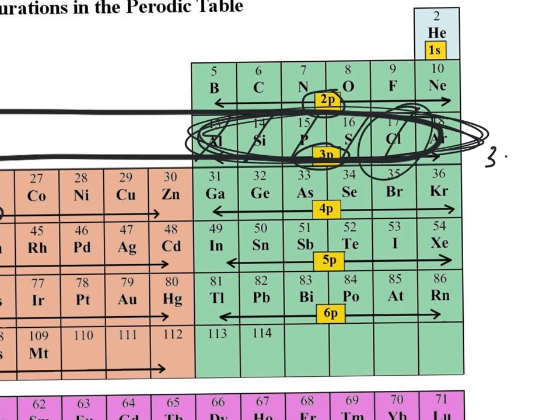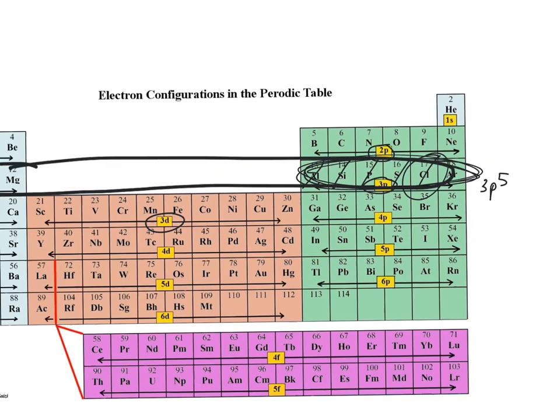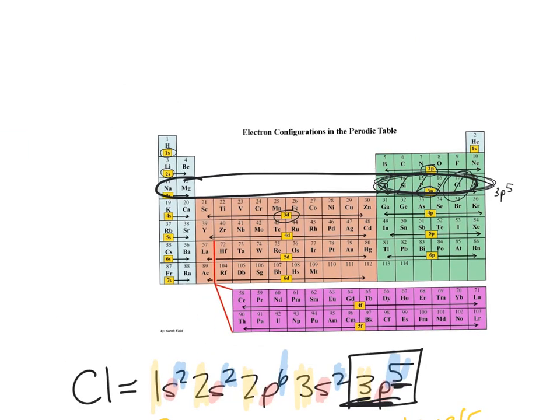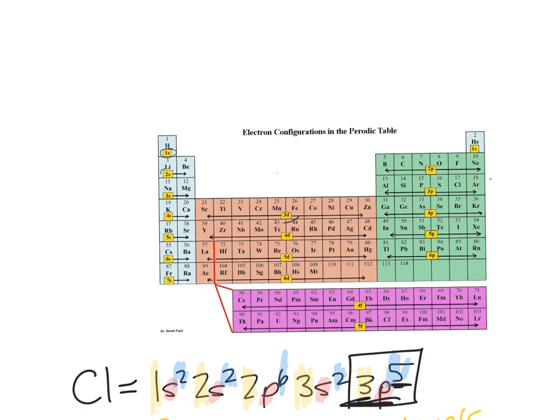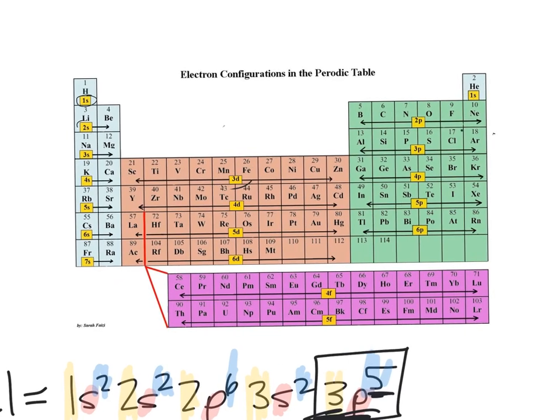That's why the last thing is 3p5. So when you're looking at that, you can't just write chlorine's electron configuration as 3p5, because that would mean that it only had 5 electrons in it.